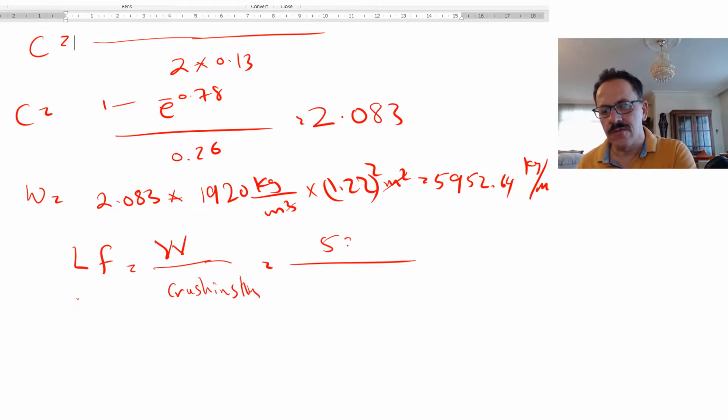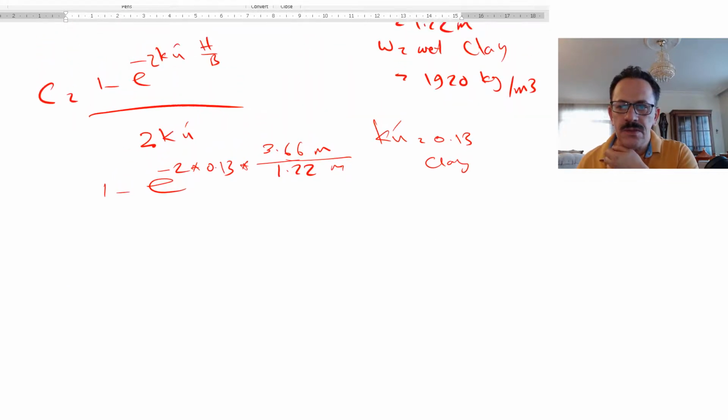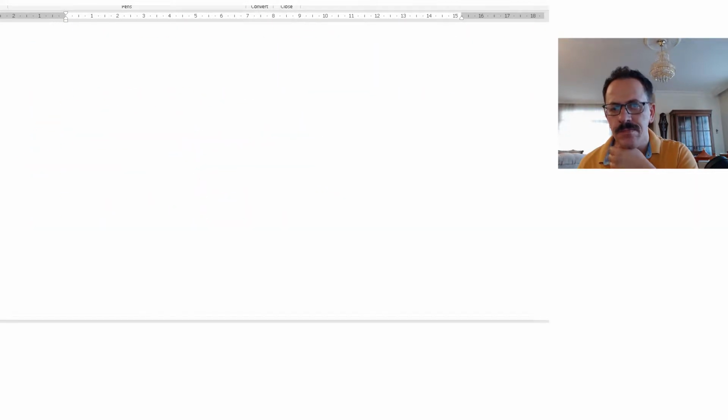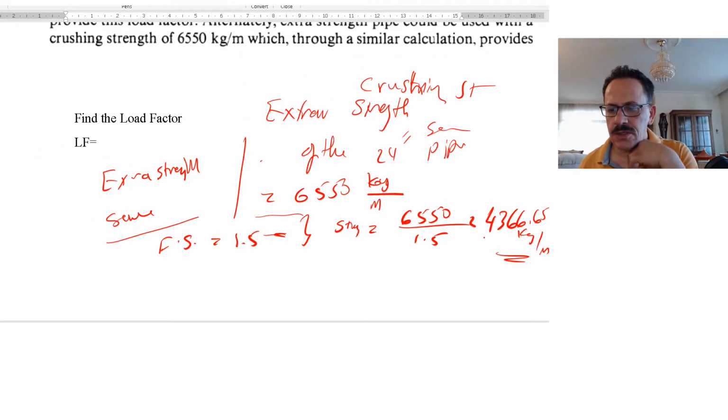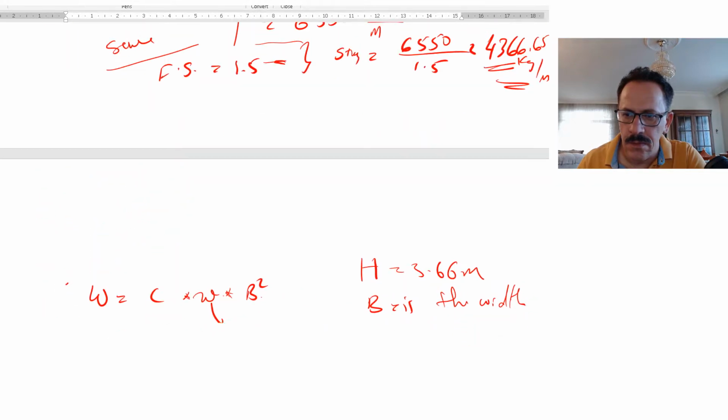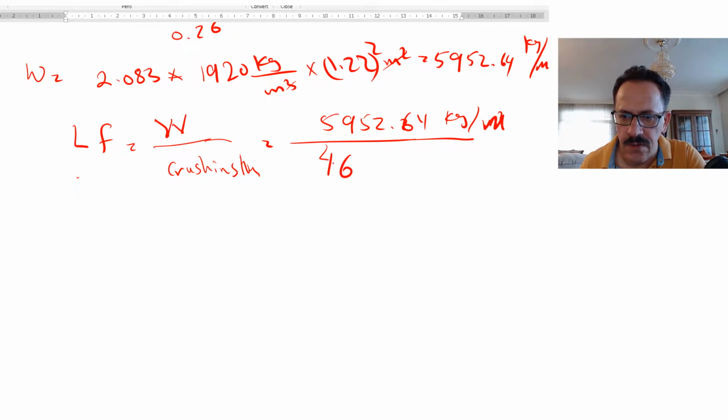The load will be 5952.64 kilogram per meter length divided by the crushing load that we have from the table, which is 4,366.65 kilogram per meter.